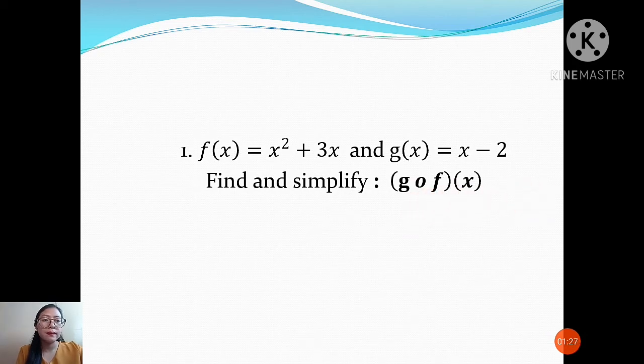Okay, you only have 5 seconds. So 5, 4, 3, 2, 1. So okay, now let's answer this question.